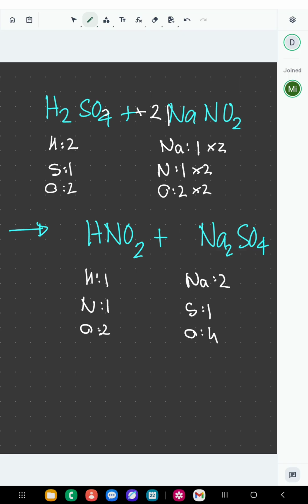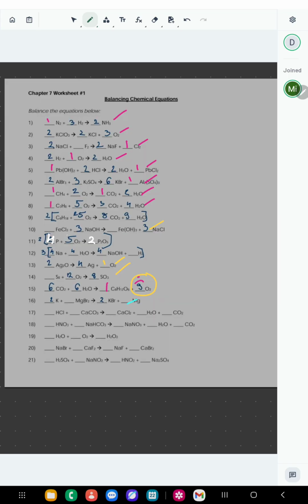Okay. Hydrogen is balanced, already balanced. Okay, yeah, this one is correct. Very good. Yay. Yeah, imagine how many problems there were? Almost 50 problems, or more than 50.